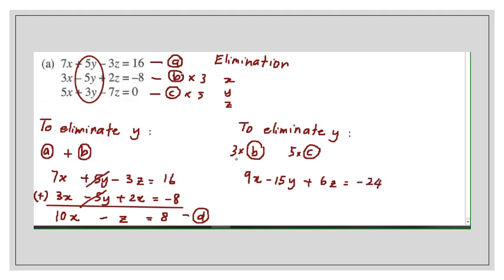This is your 3 multiply equation B. Now put here 5 multiply equation C. 5 multiply equation C is 25x plus 15y minus 35z equal to 0.